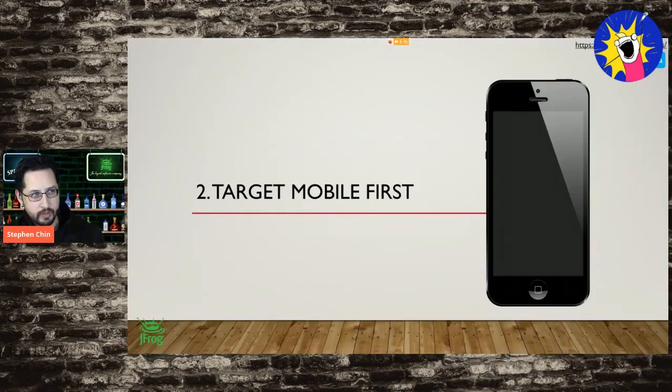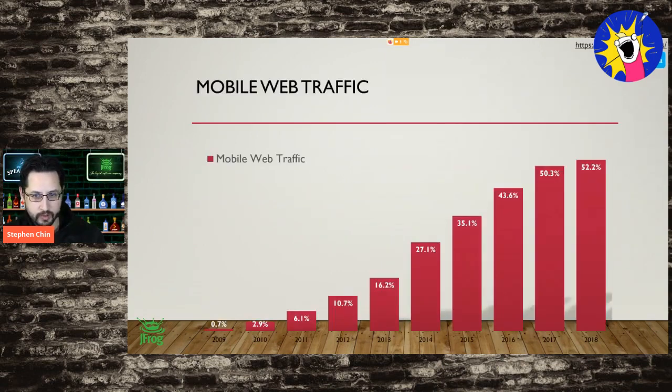The second best practice when you're talking about how you ship your Java applications is you really want to target mobile first. In a lot of cases, folks think about doing things for their desktop first. But if you look at the utilization of web traffic, over half the web traffic now goes to mobile devices instead of to desktop devices.